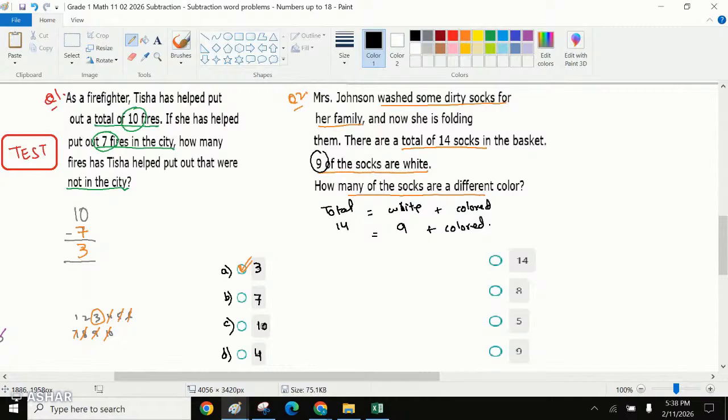Thank you, Nate. 14 minus 9 would be, your answer is correct. It is 5. How do we find that? We can write the numbers 1, 2, 3, 4, 5, 6, 7, 8, 9, 10, 11, 12, 13, and 14. And we remove the 9 numbers 1, 2, 3, 4, 5, 6, 7, 8, and 9. So that means we were left with 5. Thank you, Nate.